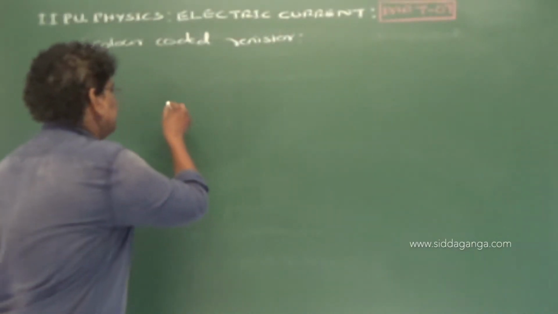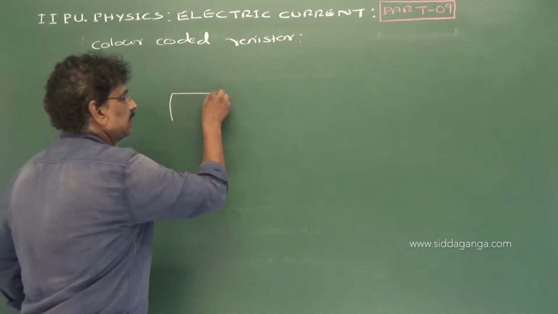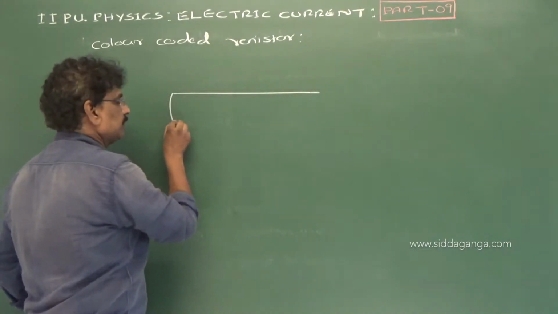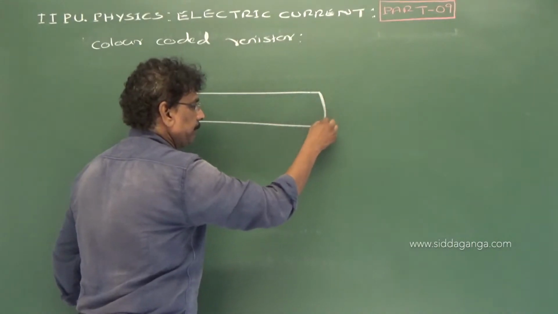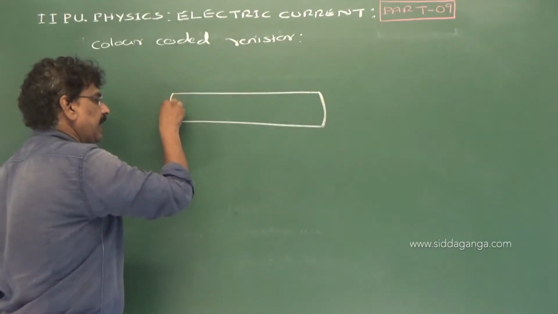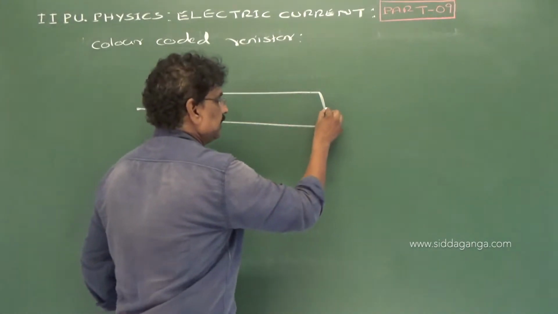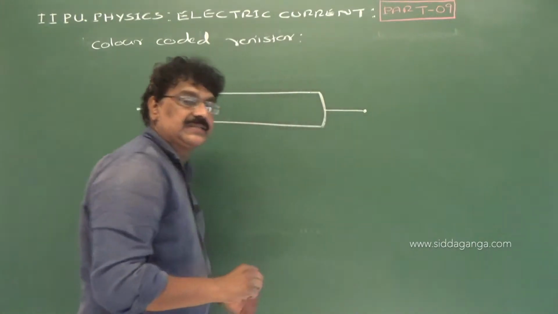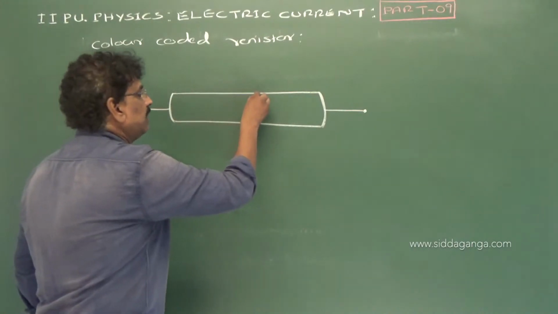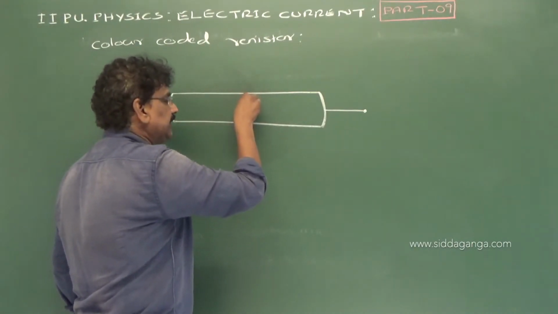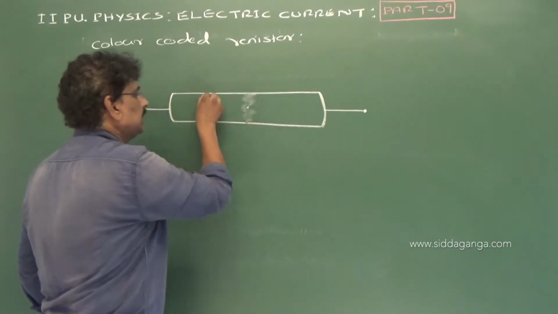It is like this. It is provided with two leads for electrical connection, and towards one side we have marked colored bands.